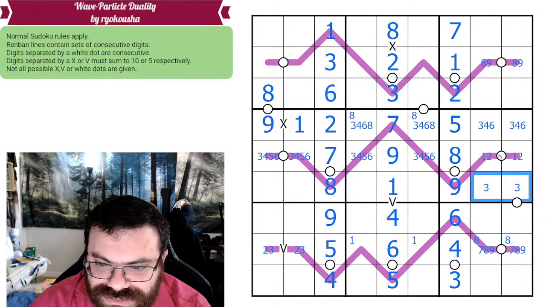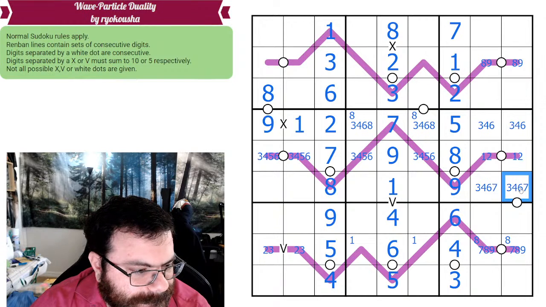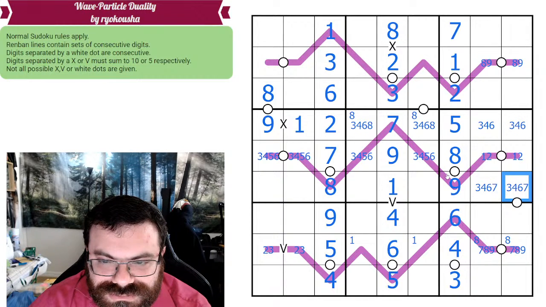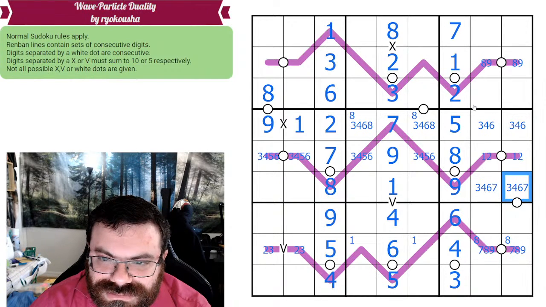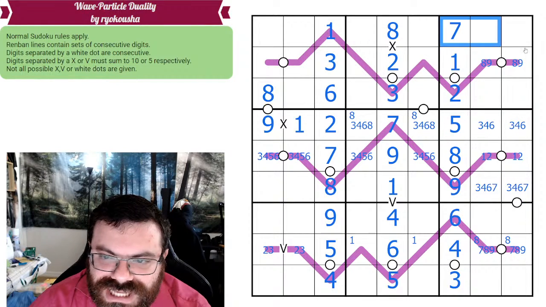See, we have 1, 2. We need 3, 4, 6, 7. I forced 8 onto the dot.